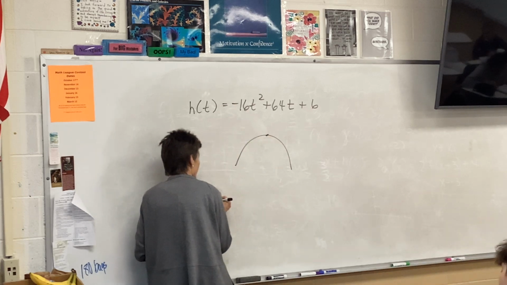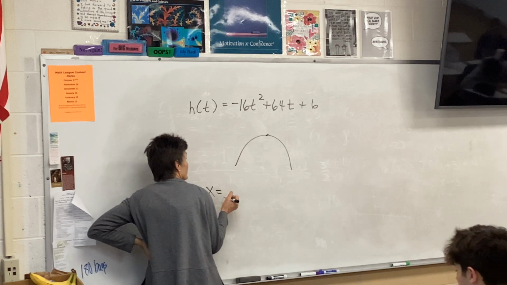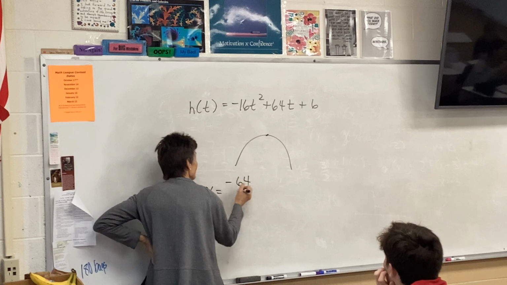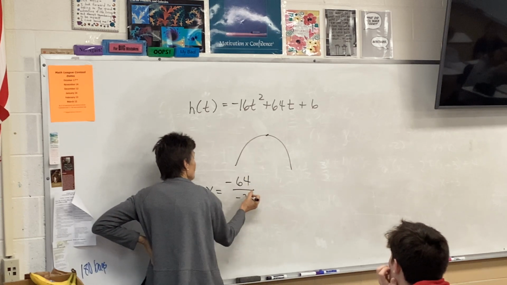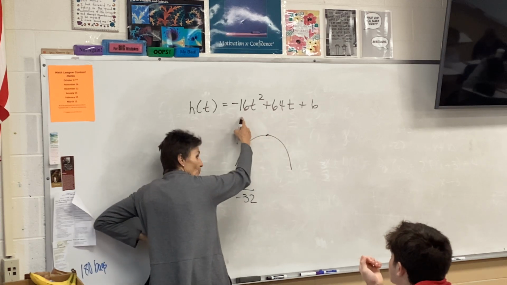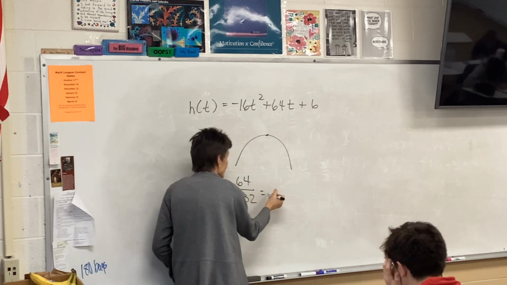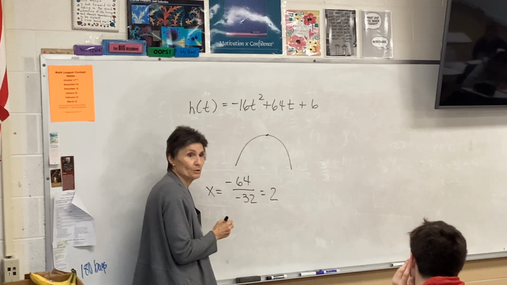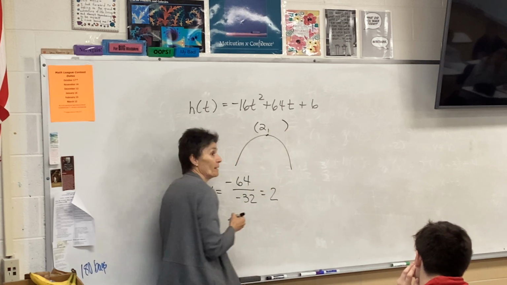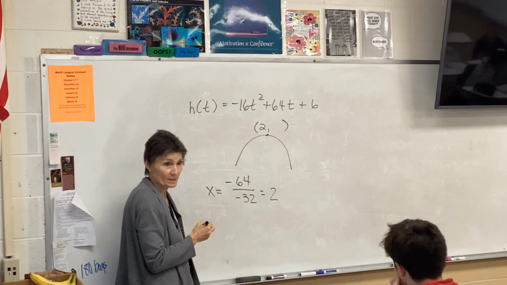How do we find the vertex? X equals negative b over 2a, which reduces nicely to just 2. So that means my vertex is 2 comma something. How do I find the something?